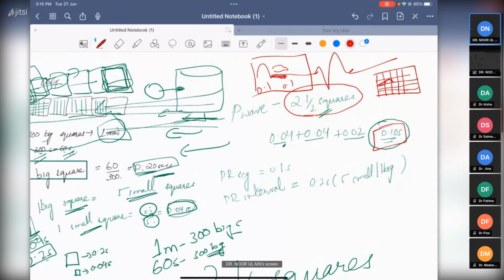Remaining 2.5 will be your isoelectric line, and then you will have the QRS. So in one big box, the first half will be P, and the second half of this big box will be an isoelectric line. That is where the atria is repolarizing. Clear? Simple?